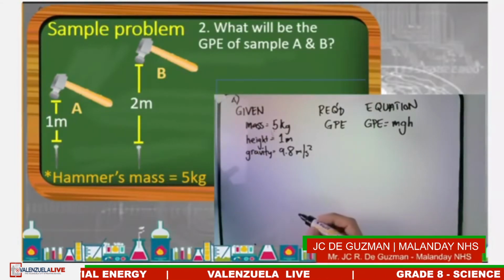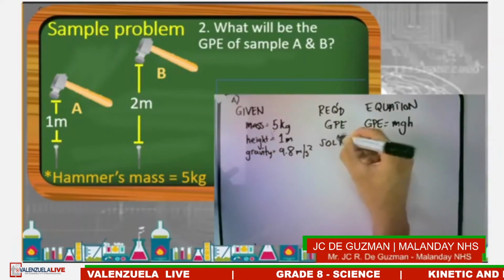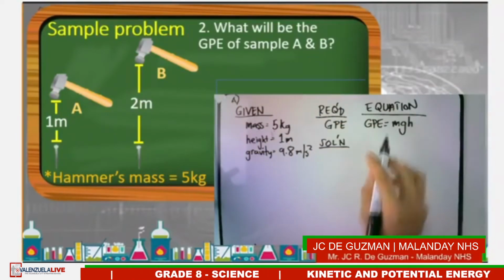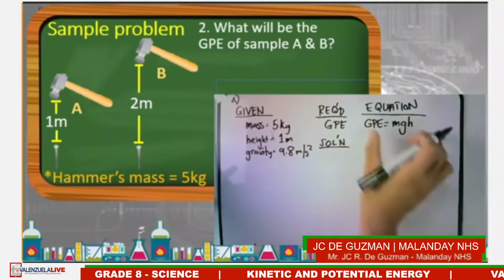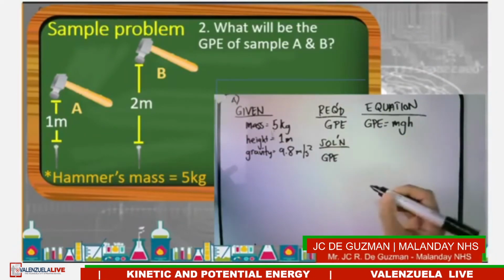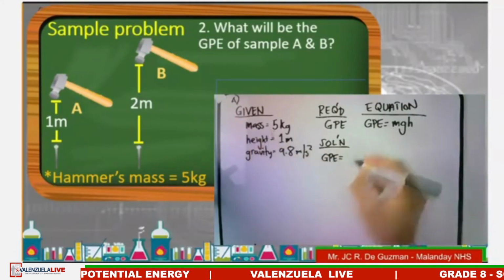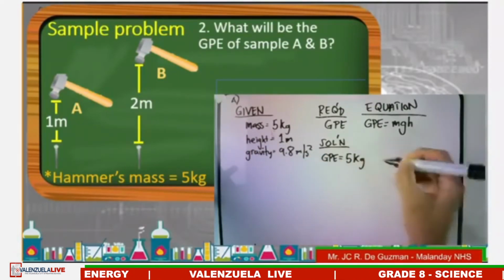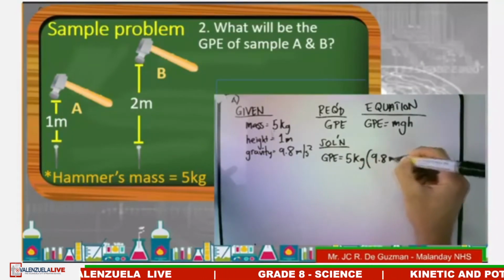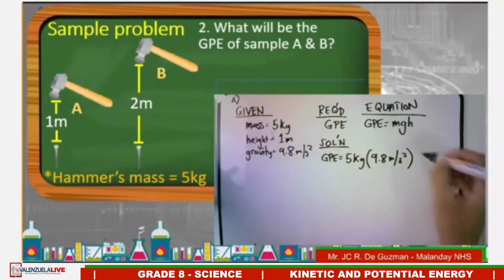For the solution, we just need to substitute the values into the formula. We have GPE, gravitational potential energy, is equal to the value of mass, 5 kilograms, the value of gravity, 9.8 meters per second squared, and the value of height, which is 1 meter.